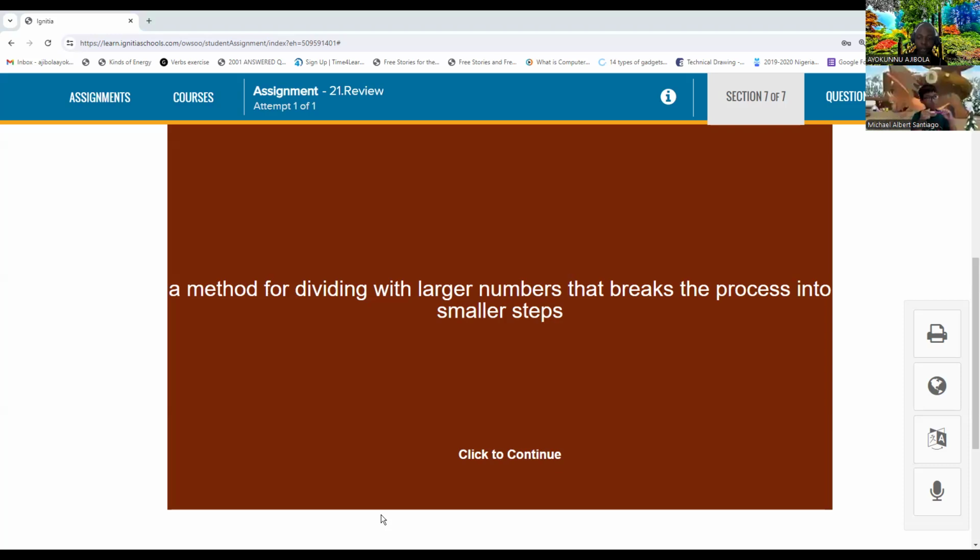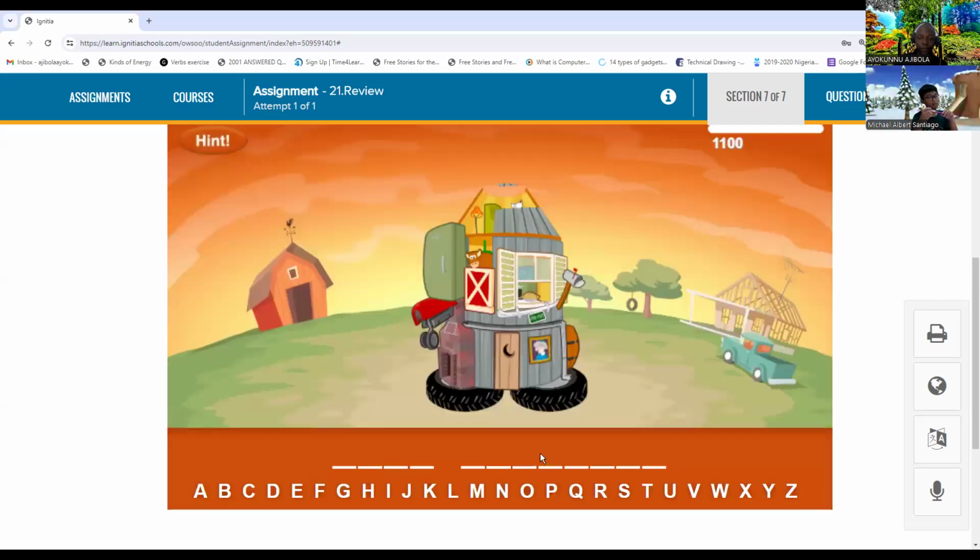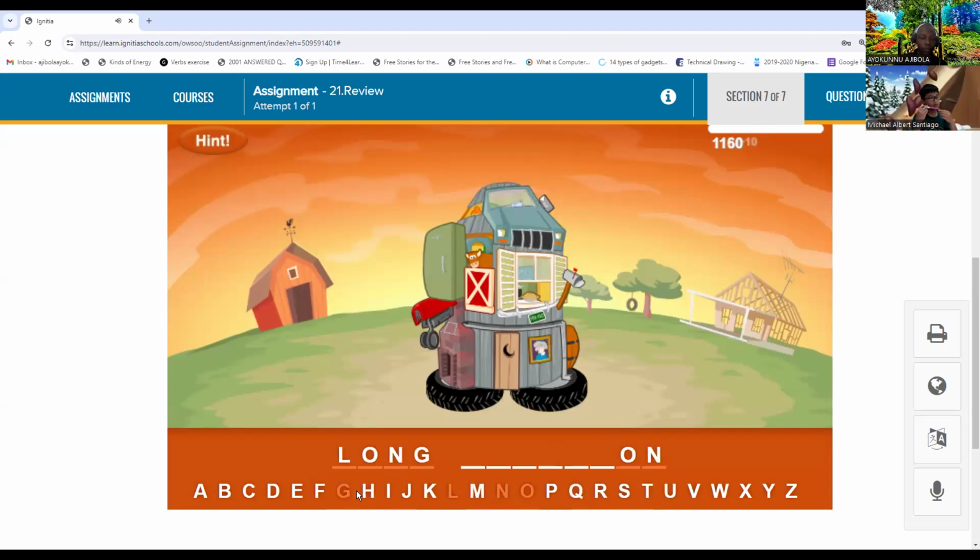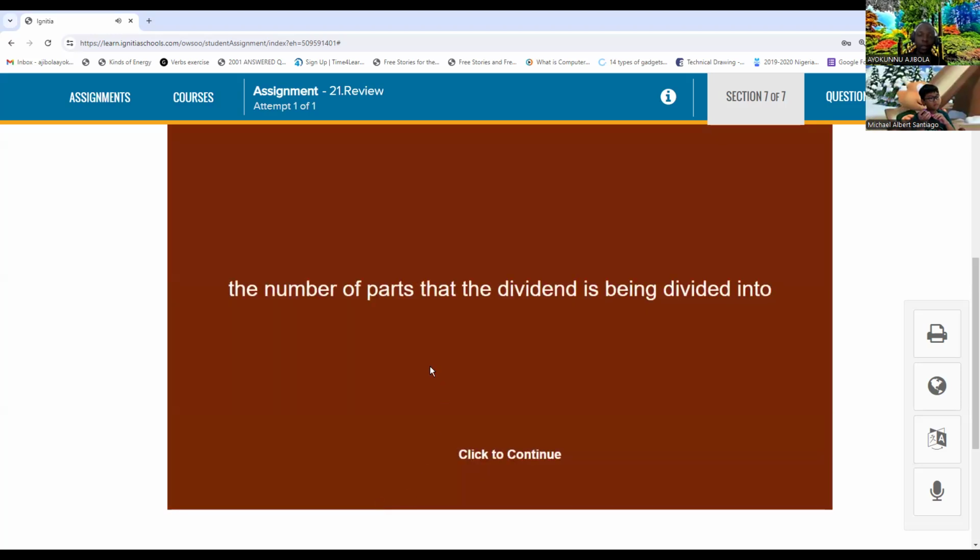Yes, that is long division, right? L-O-N-G, D-I-V-I-S-I-O-N. Long division.